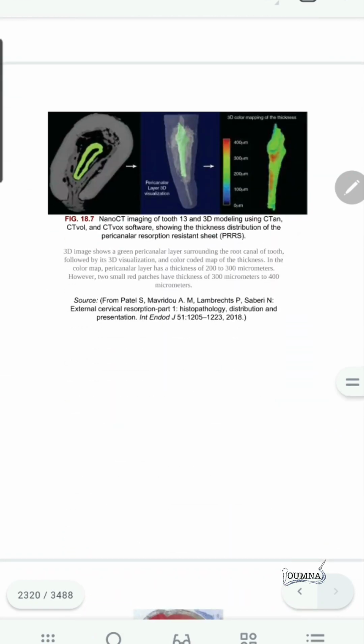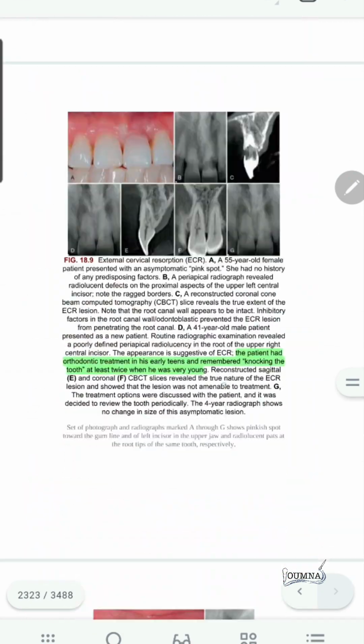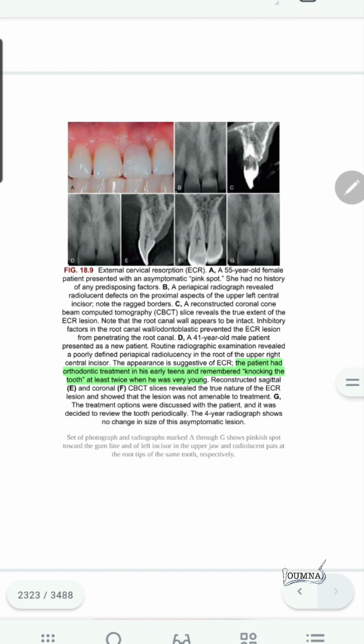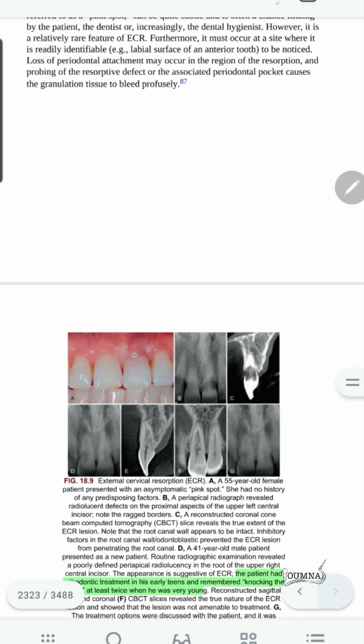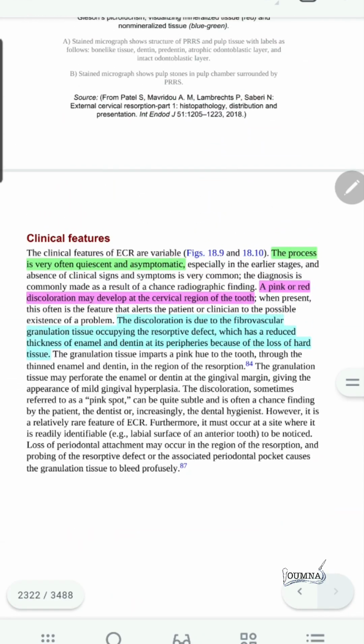It's known for the pinkish sign that we can see clinically, which represents the granulation tissue, the vascularized one that represents this type of resorption.